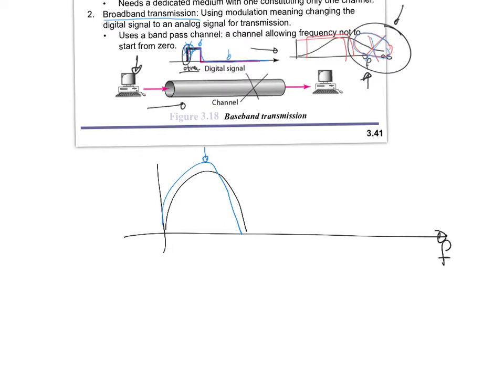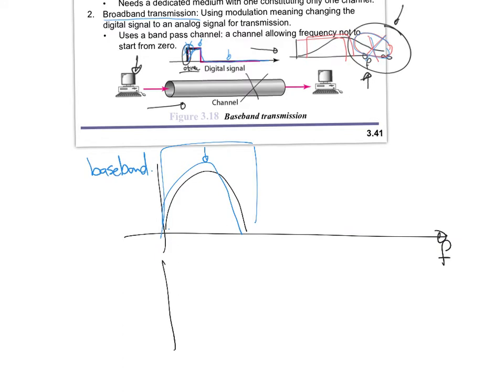So if you have two signals overlapping in the frequency domain, you cannot have any kind of filter, or you cannot distinguish one from the other. So both of them will be noise to you, and you cannot really detect any signal from the other. So this is baseband.